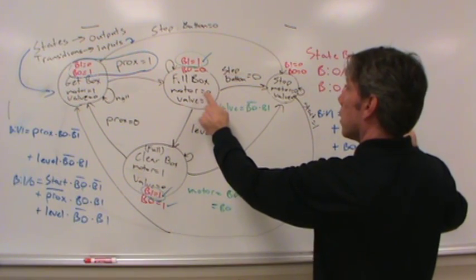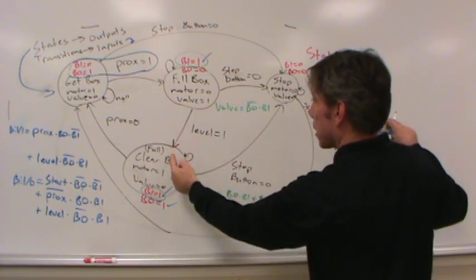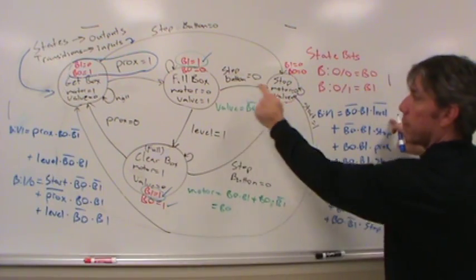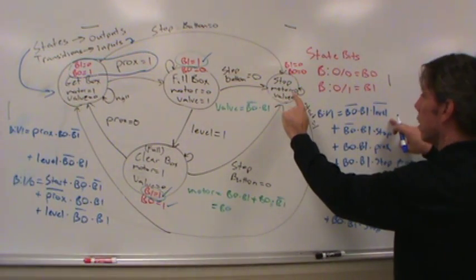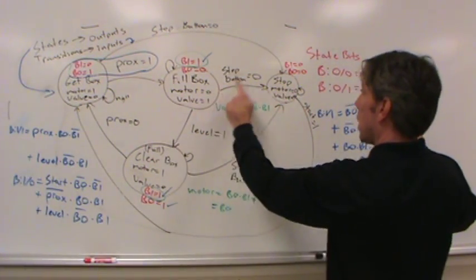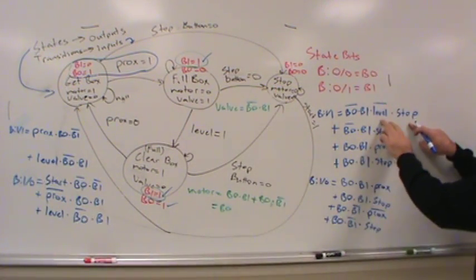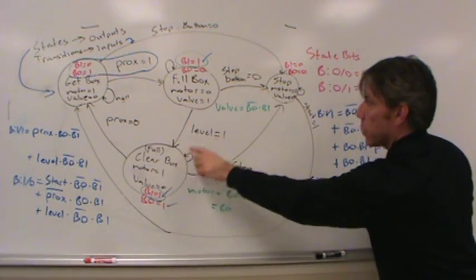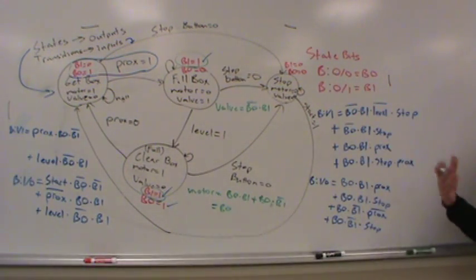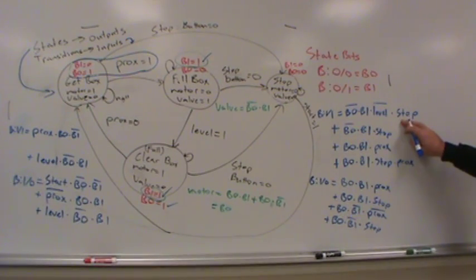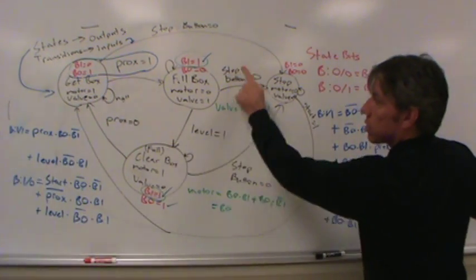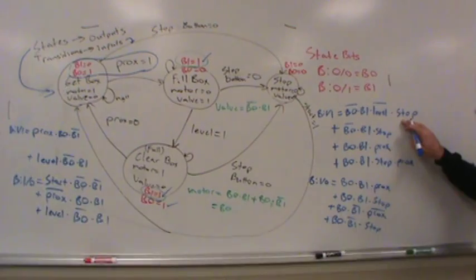Okay, so the only time when we can take this transition, let's make the stop be the overriding condition, okay? So if the stop button is true, then we can take this transition. Because if it's not, we'd rather the stop button override for safety, okay? So we need and stop because that's another condition surrounding this in the transitions.